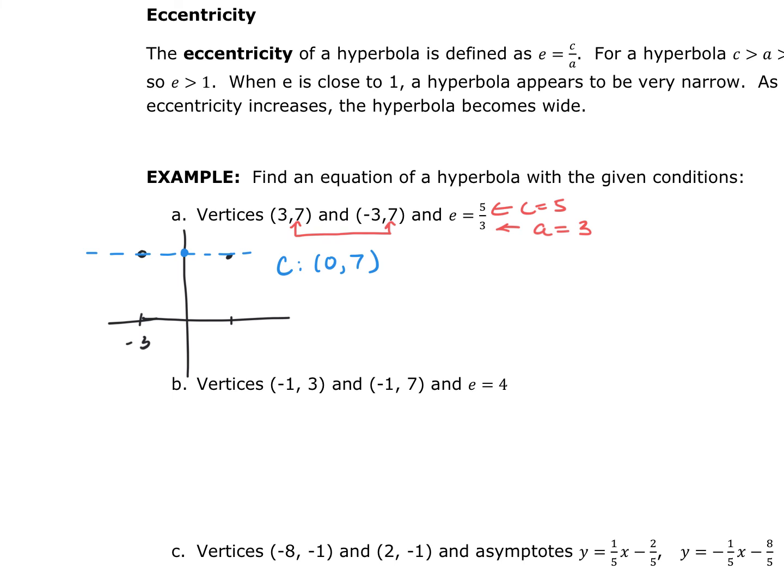I also know that since it's running parallel to the x-axis, it's going to be (x minus 0) squared over something minus (y minus 7) squared over something equals 1. Now, this confirms that this distance here is a, and a is 3, so we know that this is going to be 9.